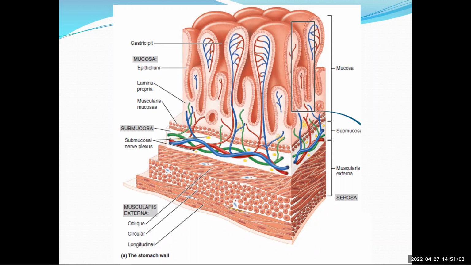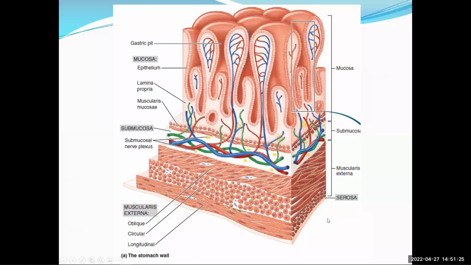With the skin, you have your epidermis, then your dermis, and then the subcutaneous layer. It's very similar in terms of the dermis and the epidermis. Then you have the submucosal layer, where you do have some blood vessels running through.